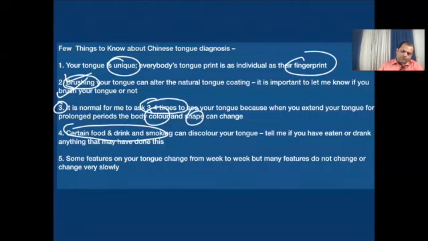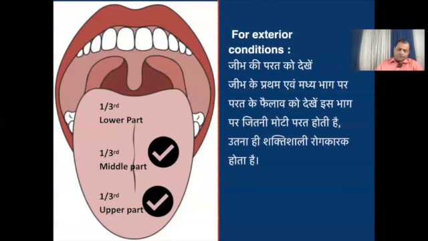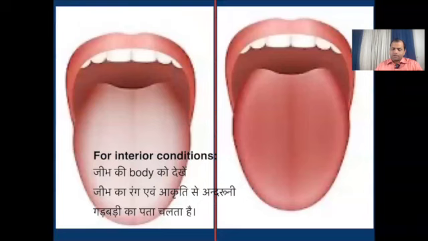Some features of the tongue will definitely not change, but some features will change. So when you are doing tongue diagnosis, kindly note these points and even guide the patient on a phone call before arriving at the clinic. Now, look here. We are going to see the many conditions of the tongue. Sometimes we get an attack of the disease from the exterior, sometimes an interior attack.